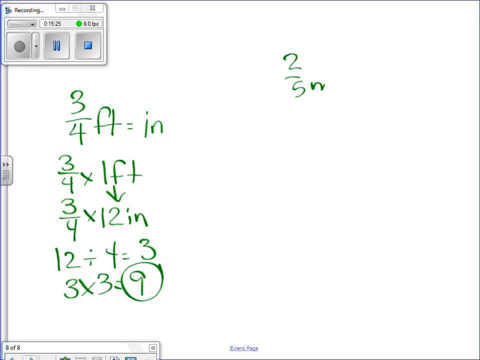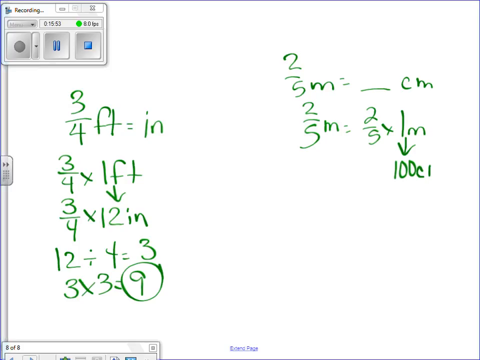2/5 of a meter equals how many centimeters? I'm just doing my way. Am I saying my way or the highway? No, you do your way. As long as you get the right answer, I don't care. But you have to still show your work. 2/5 meters equals 2/5 times 1 meter. 1 meter is equal to exactly 100 centimeters.